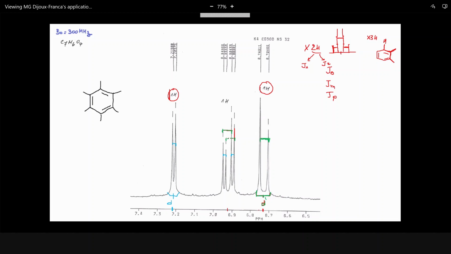The blue, and in the middle will be the red one.